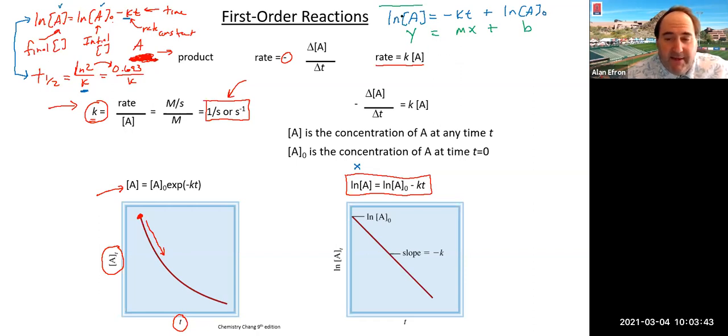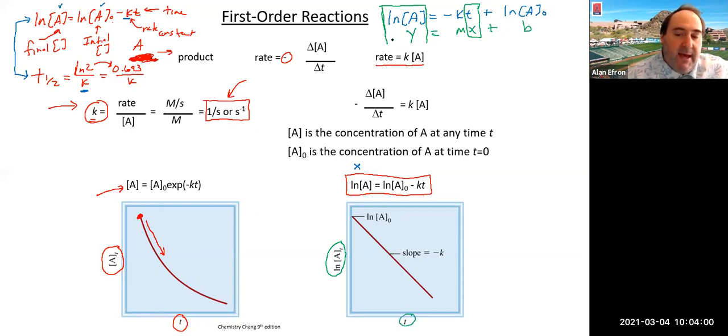What that means is basically when we go to make a plot on the y, we should plot the natural log of A, which is what we see in this graph. On the x, we should plot t, which is time, which is what we see here.